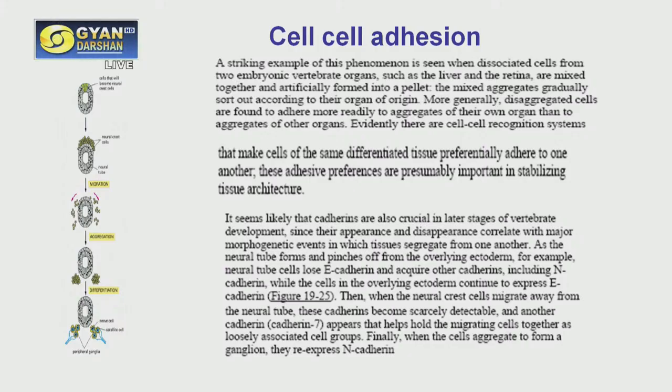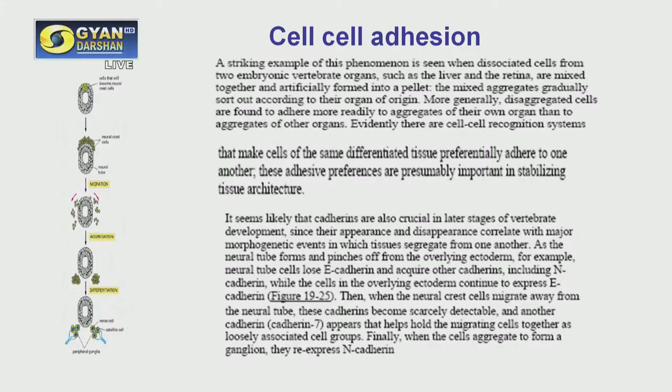But later the cells need to get separated and sorted out, because all the similar cells will get sorted to give rise to a particular tissue, say a notochord. And some other cells will aggregate to give rise to a different tissue. So on what basis do these cells distinguish, get sorted out and then aggregate? It is based on cadherins.